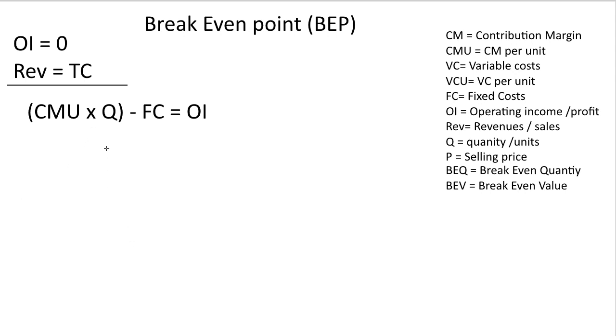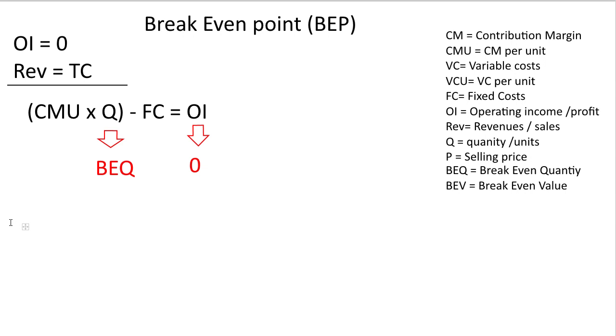One of the things we want to do is change this quantity, and change this operating income. Now we actually want to make this quantity into the BEQ, and we want to make this operating income zero. Why do we want to do this? Well, this way we can try to figure out what the break-even quantity is, and we know that the break-even point is when the operating income equals zero.